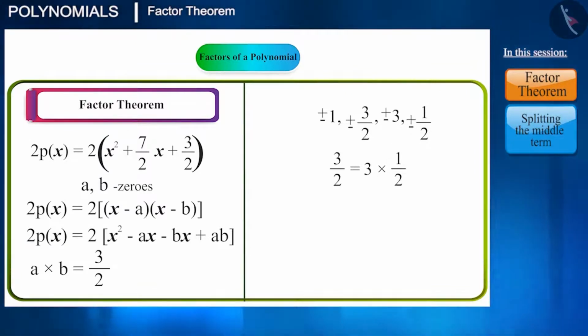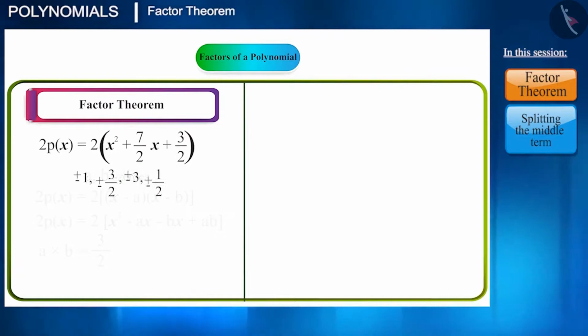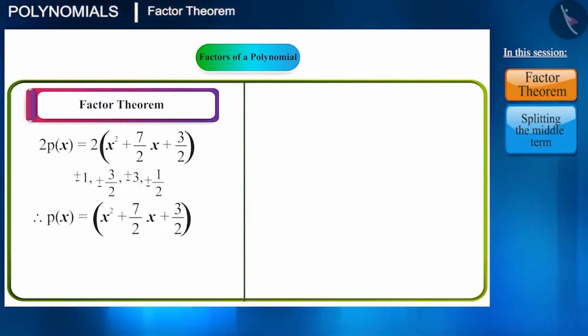Thus, some possible values of a and b can be plus or minus 1, plus or minus 1 by 2, plus or minus 3, plus or minus 3 by 2. Now, substituting all these values in the polynomial, we have to find which of these will make the value of the polynomial 0.